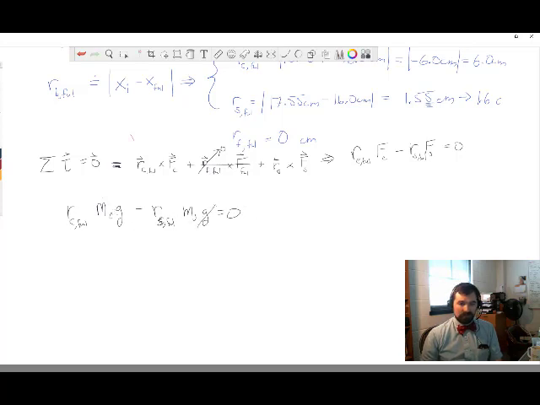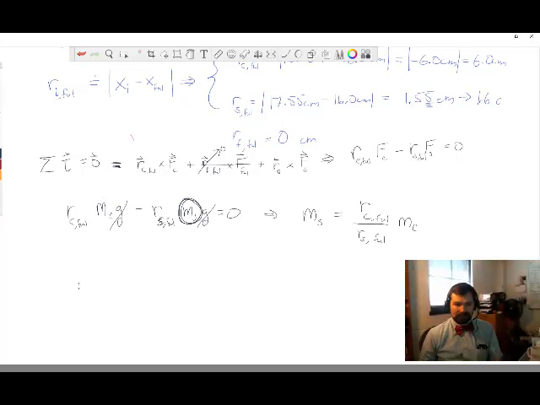There's a g term in both, so we can get rid of those. We're trying to solve ultimately for the mass of the stick. So let's do that before we plug our numbers in. The mass of the stick is going to be the ratio of these two radii, RC and RS, times the mass of the calibration weight.